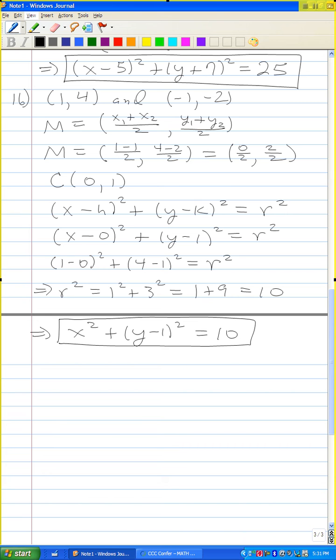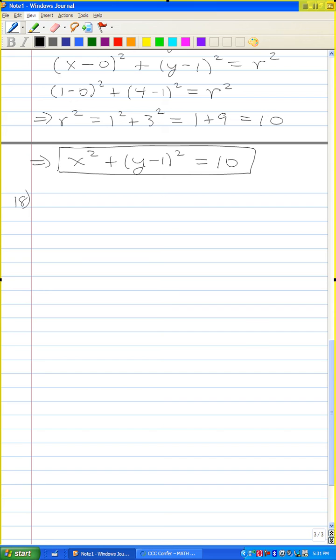Let me do problem number 18. In exercises 17 through 38, verify that the equation describes a circle, and then find the center and radius of the circle. Well, I have here x squared plus y squared equals 5. Therefore, the center of my circle is at the origin, and the radius of my circle is just the square root of 5.